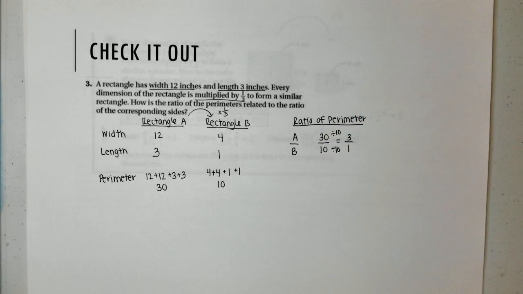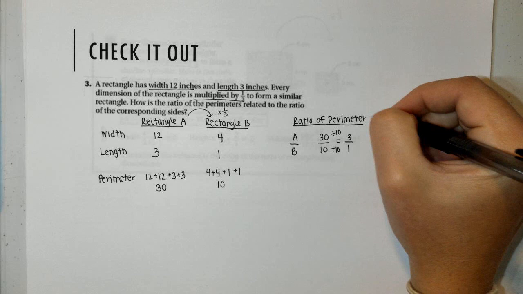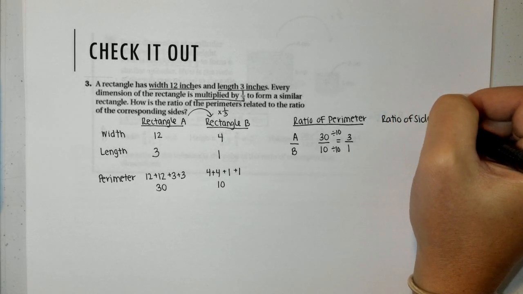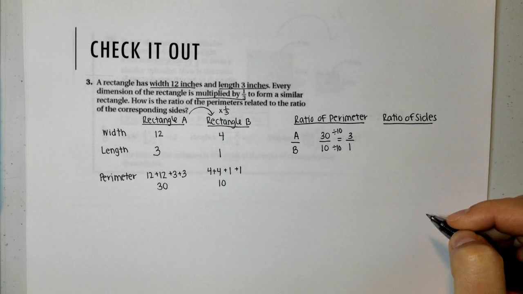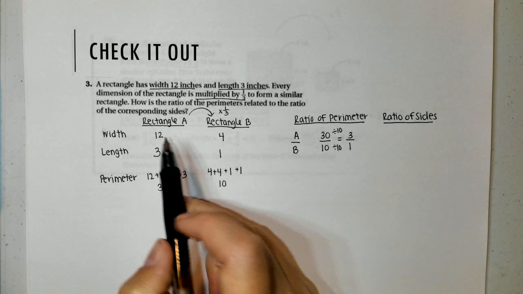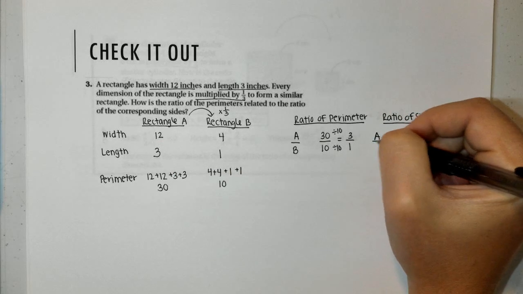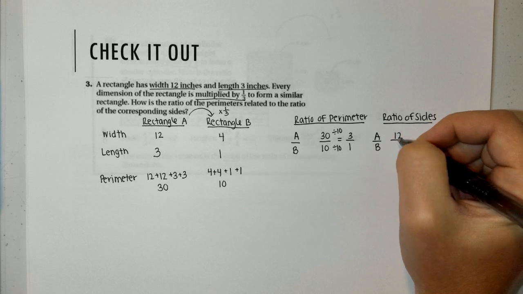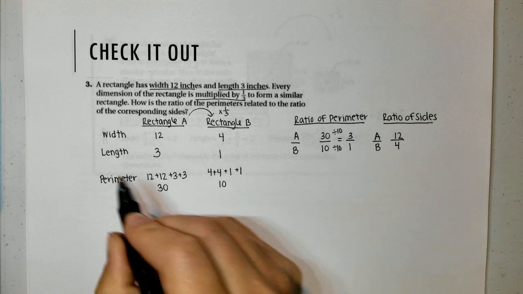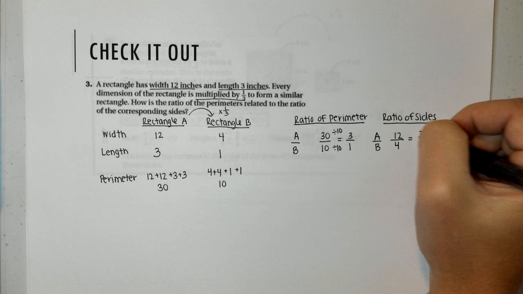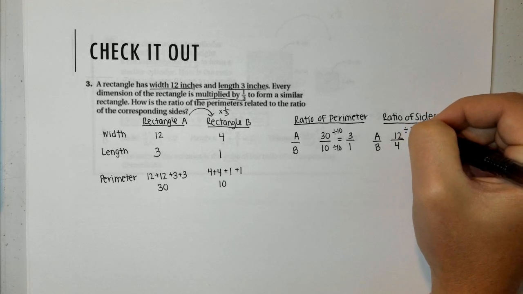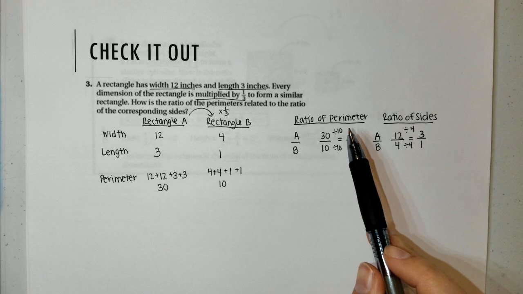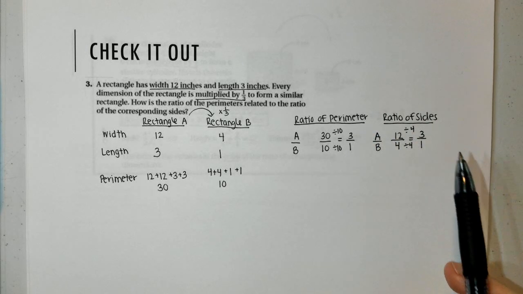Now we also have to look at the ratio of the corresponding sides. For rectangle, we're going to do A over B again. So rectangle A, our width was 12. B was 4. And then we have length 3 to 1. You can divide by 4, divide by 4. So here, the ratio of our perimeters and the ratio of the sides are equal.